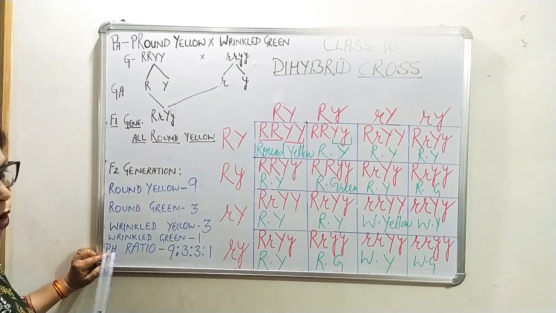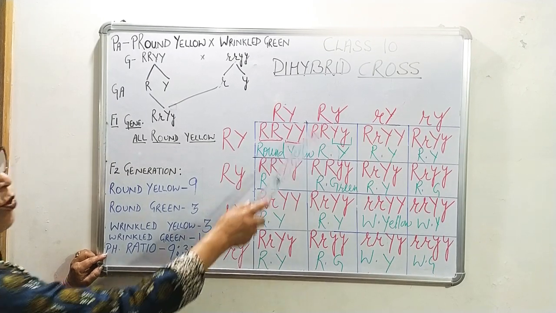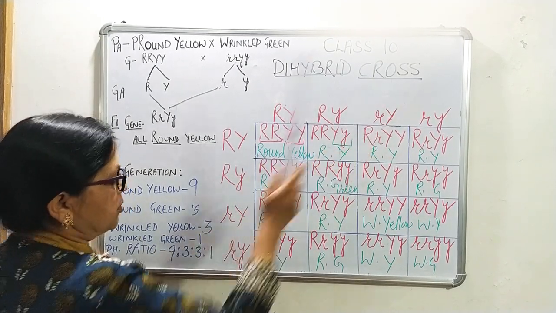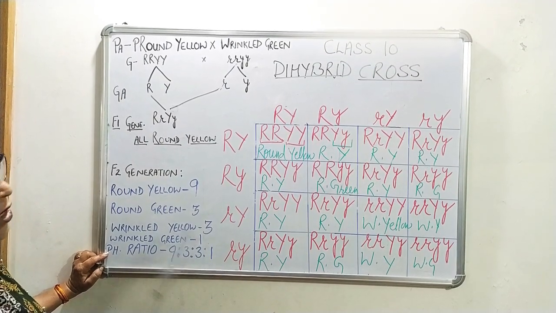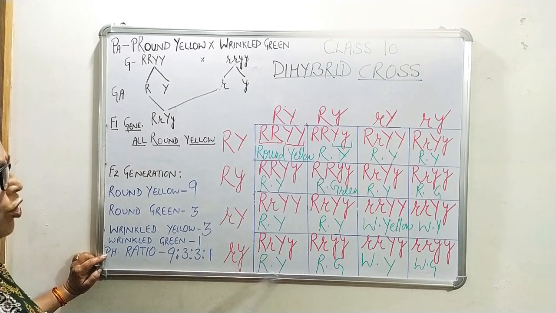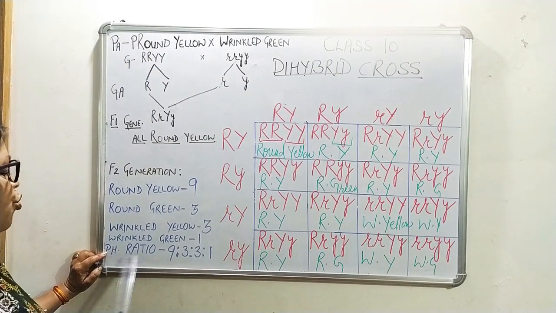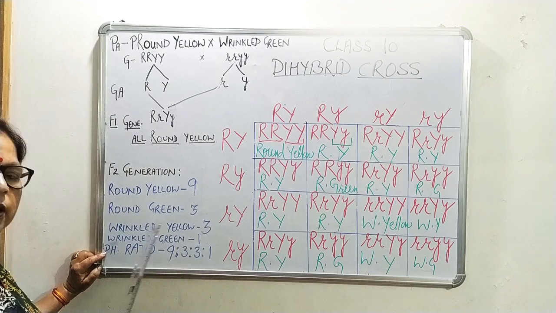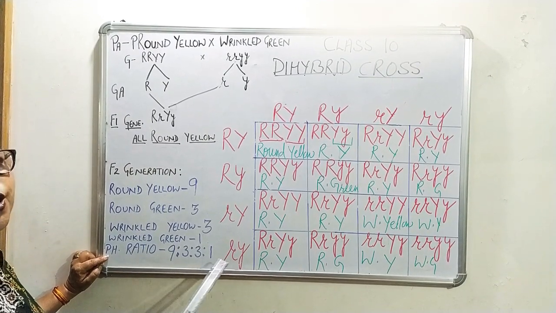So the phenotypic ratio of F2 generation of dihybrid cross is 9:3:3:1. And genotypic ratio, since it is very complex, you don't write this ratio. And in the answer also you will write that genotypic ratio is very complex.